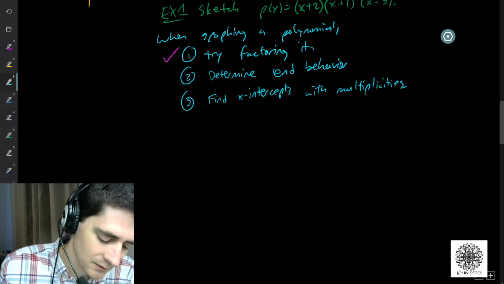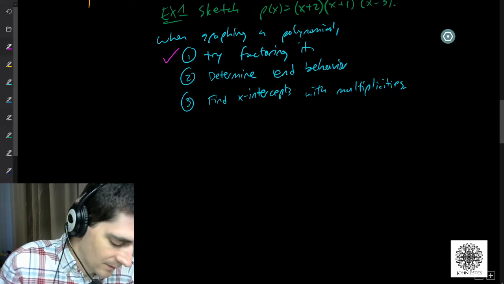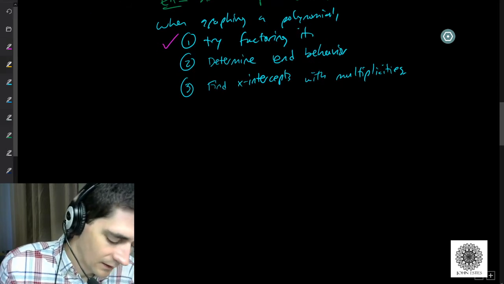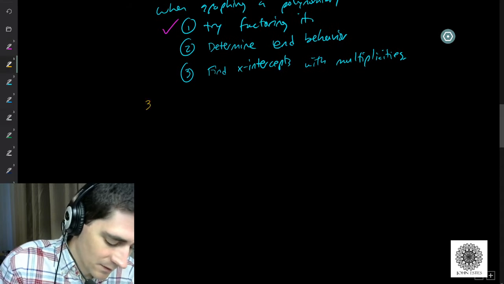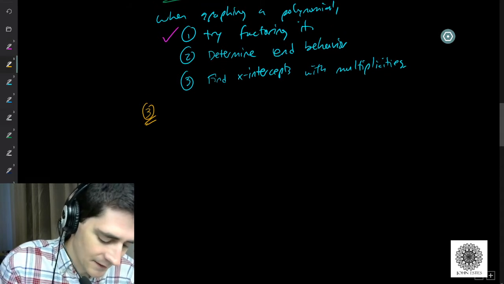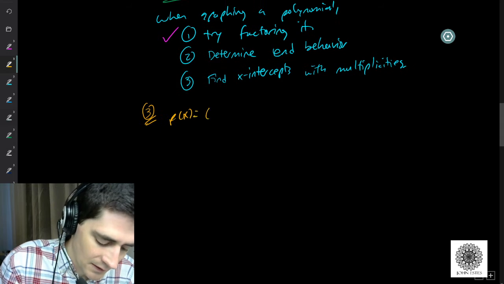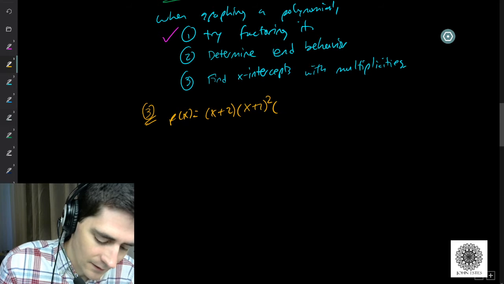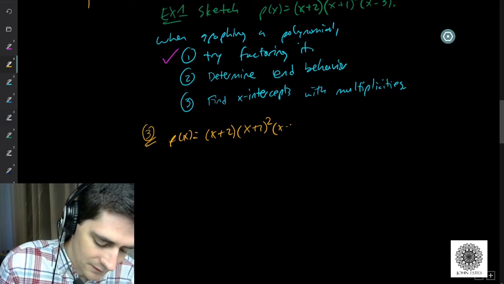Okay, so let's take a look at what we have here. Let's see if we can do those last two things. And so what I'm actually going to do here is I'm going to do step 3 first, because I have a factored polynomial. I have p of x equals x plus 2, x plus 1 squared, and x minus 3 cubed.